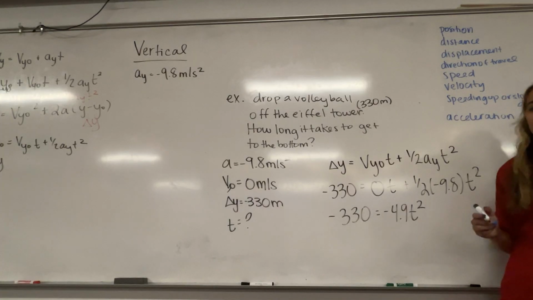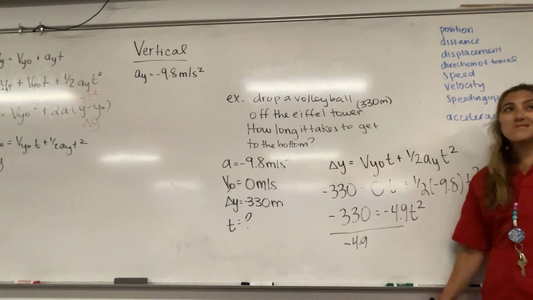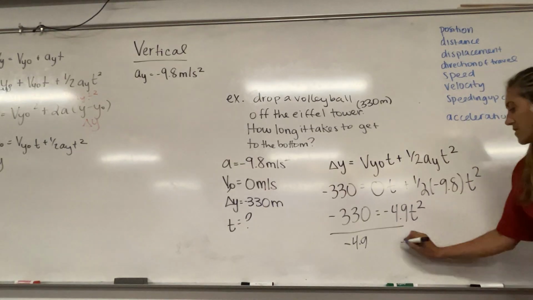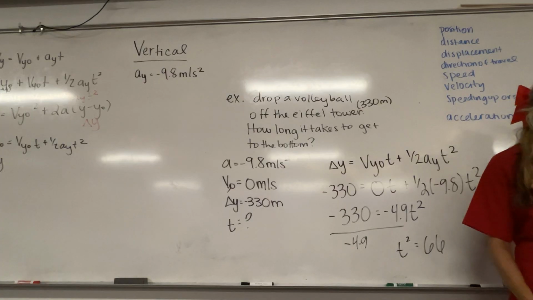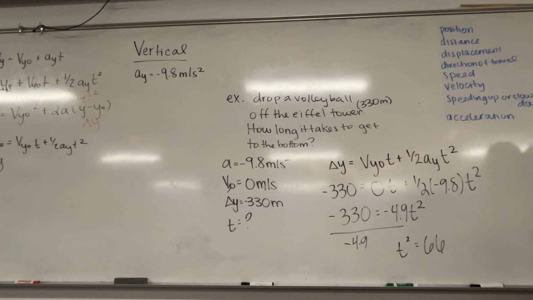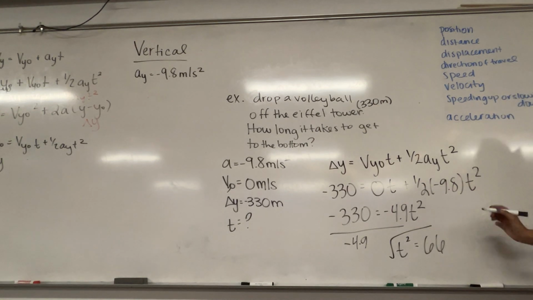If I divide, I'm doing a little rounding. It's 66. And then I'm going to take a square root. The square root of 66, again, doing a little rounding, is like 8.1.